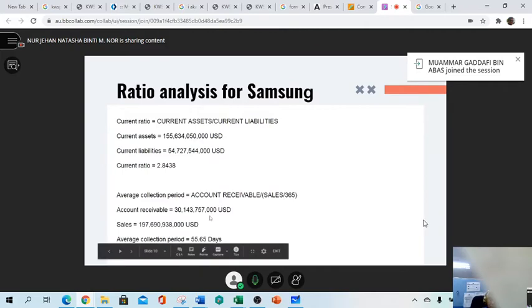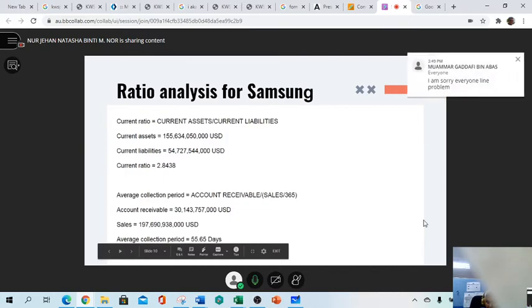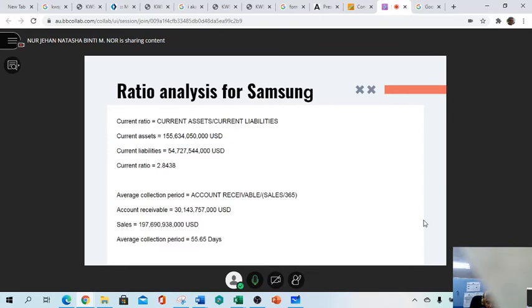From the statement of financial position, the accounts receivable of Samsung is 30,143,757,000 US dollars, while the sales is 197,690,938,000 US dollars. From the calculation, we get that the average collection period is 55.65 days.